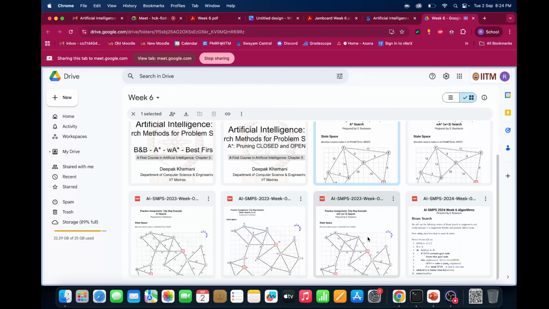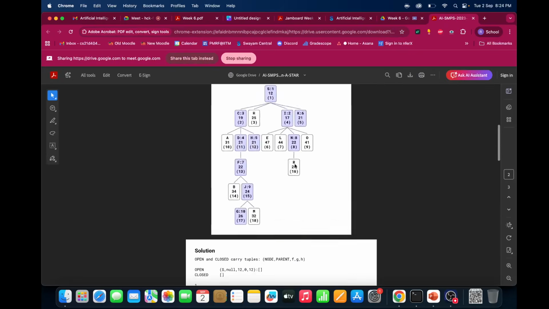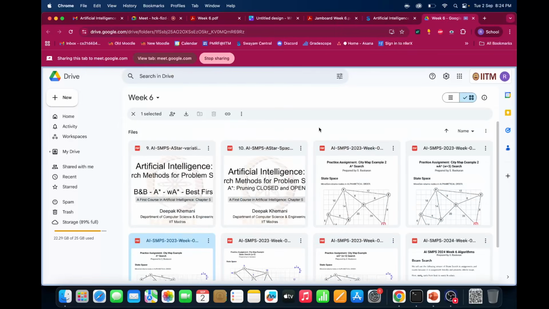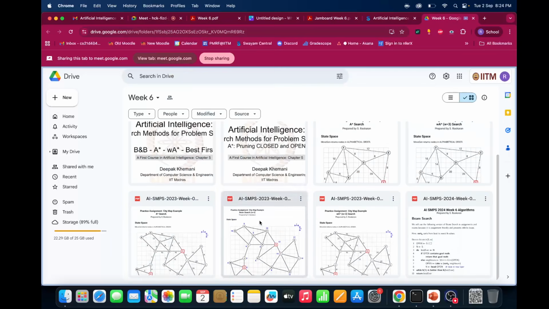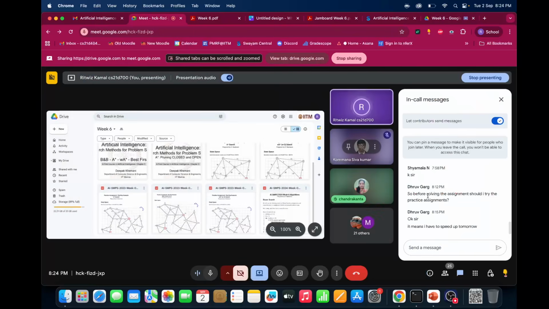W A star, beam search A star. Okay. So Bhaskaran sir has not given the solution for SMGS, which is the confusing question, right? Yes. So what was your doubt about the correct solution itself, or some specific point in the solution process?